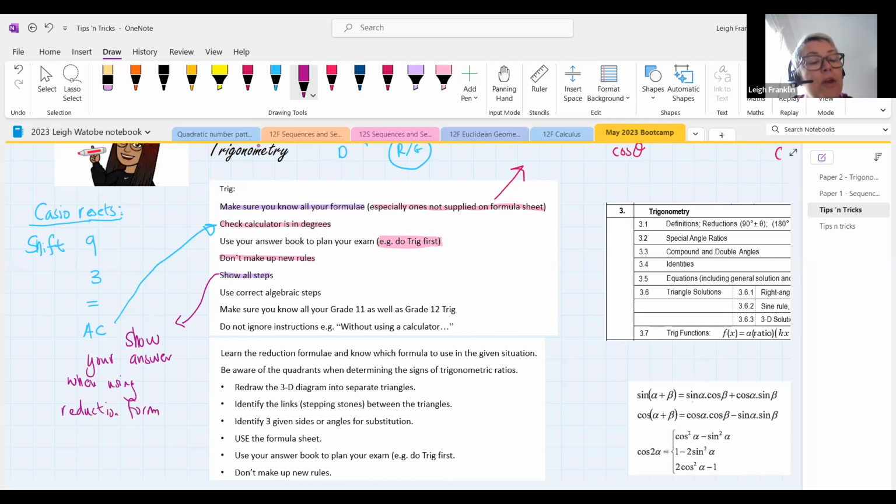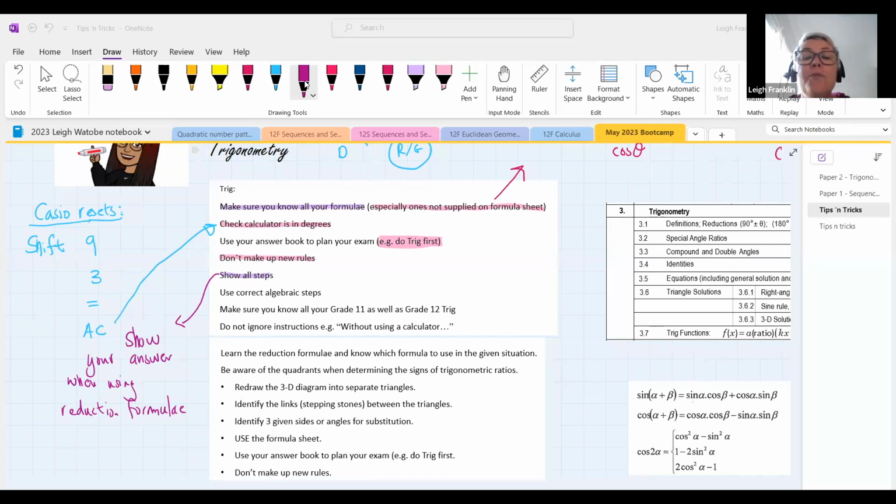If you have to rewrite tan theta as sine theta over cos theta, show that step. If you have to rewrite 1 as sine squared theta plus cos squared theta, show that step. These are the things that I am referring to.